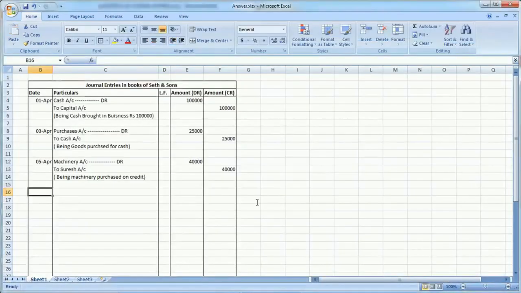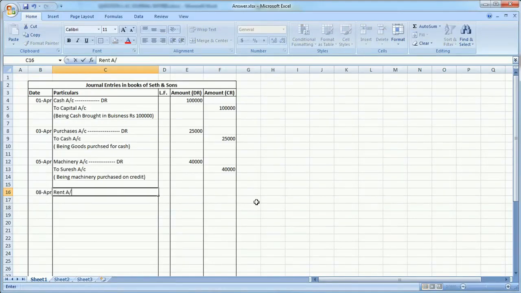first of all, the date, that is 8th April. Rent account debit rupees 12,000 to cash account rupees 12,000.